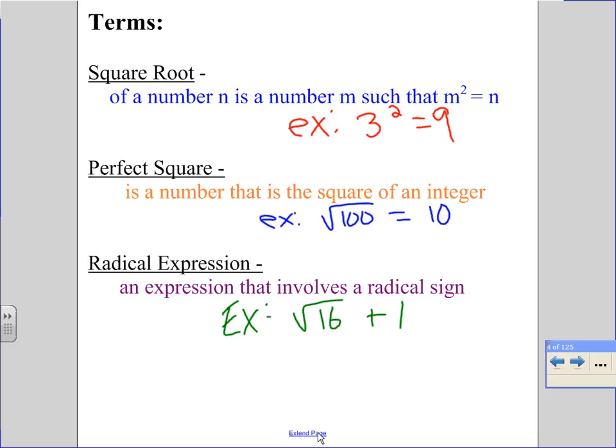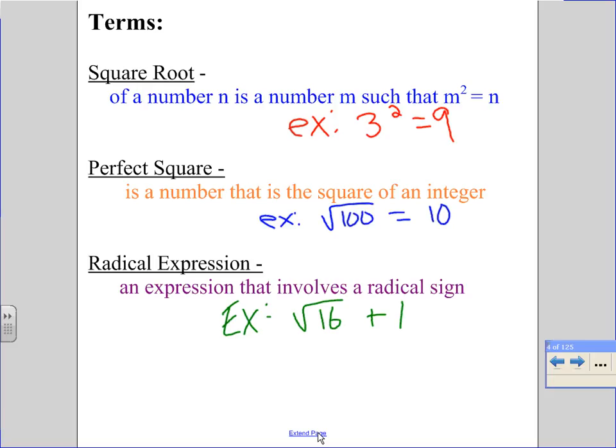And you should remember from chapters 1 and 2 that an expression does not have an equal sign, an equation does. So radical expression, an expression that involves or uses a radical sign. Greta? Yes, very good.